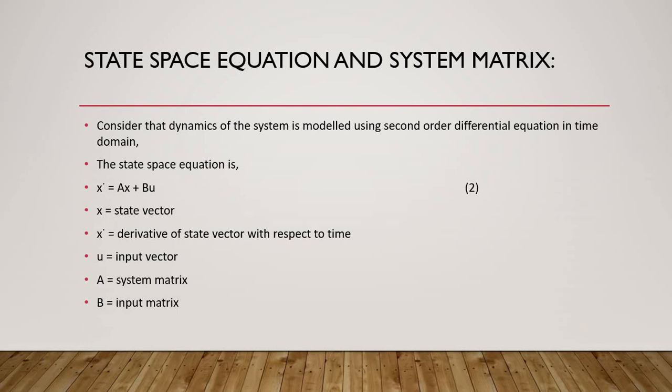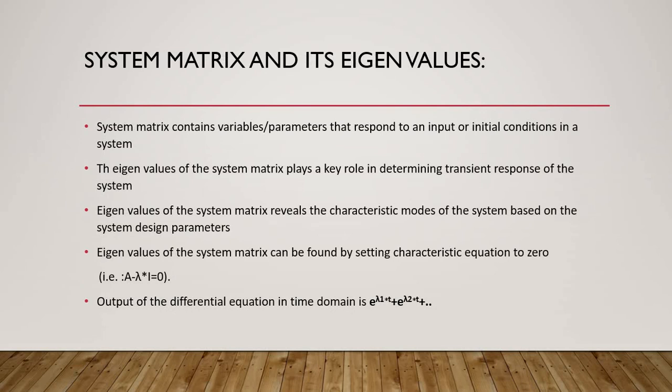Now once we get the matrix A, which we call the system matrix, we will try to determine the eigenvalues from it. Just as we have seen previously, once we have a matrix A, we find the eigenvalues and check whether they are positive or negative, because those eigenvalues are nothing but the closed loop poles.